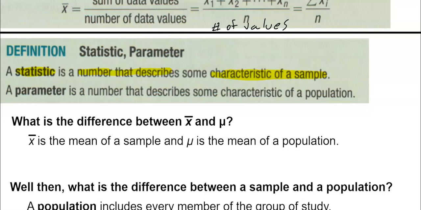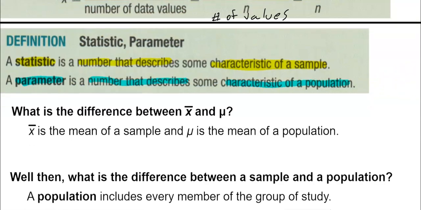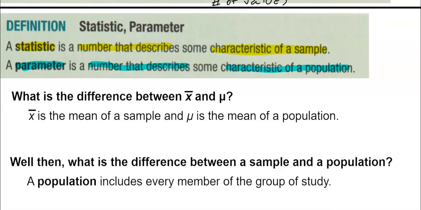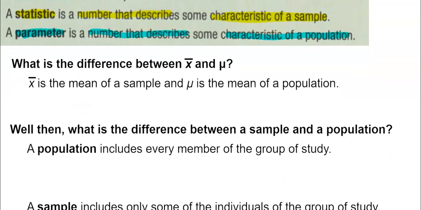And then we have parameters. A parameter is a number that describes a characteristic of an entire population. I'm going to get into those words in a minute. They are different. They mean different things. A statistic comes from a sample, and a parameter comes from a population.